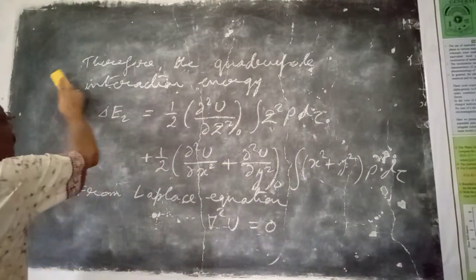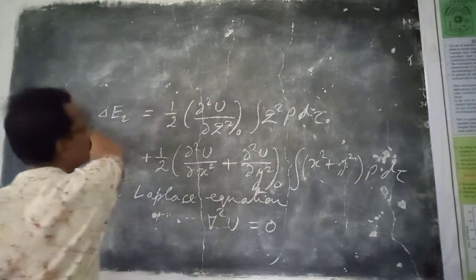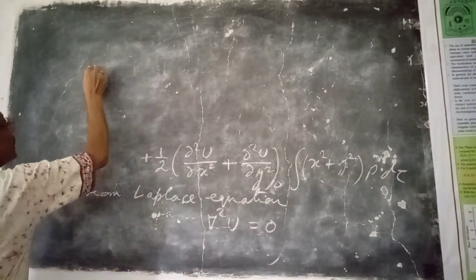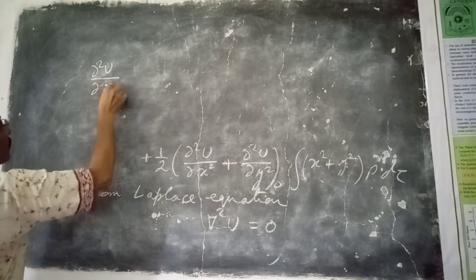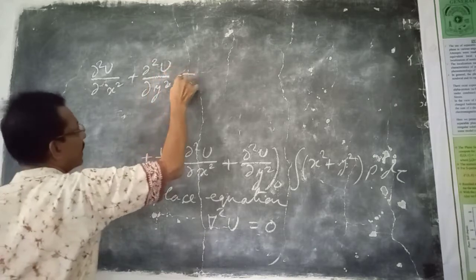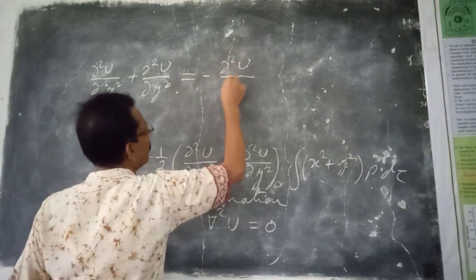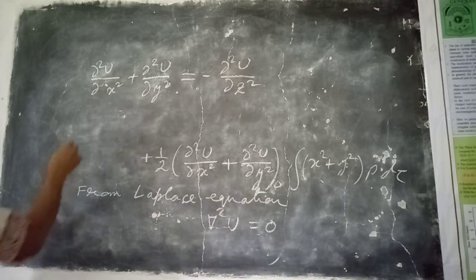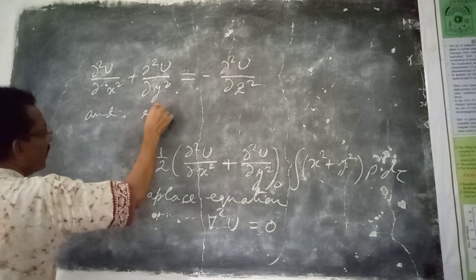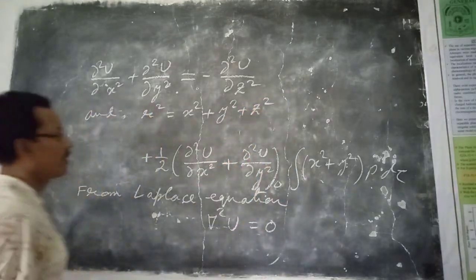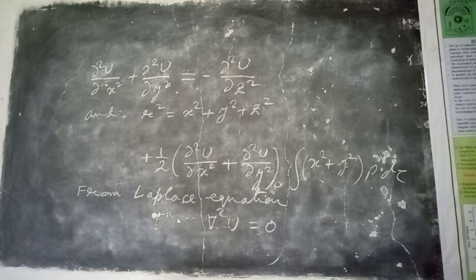That means ∂²U/∂x² plus ∂²U/∂y² plus ∂²U/∂z² equals 0, that is ∂²U/∂x² plus ∂²U/∂y² equals minus ∂²U/∂z². And we know that r square is equal to x square plus y square plus z square in the Cartesian coordinate system.